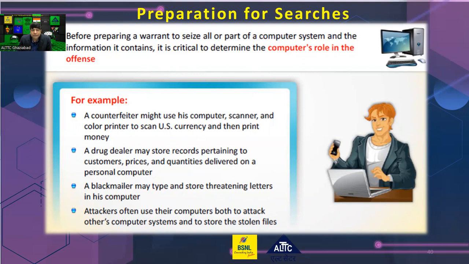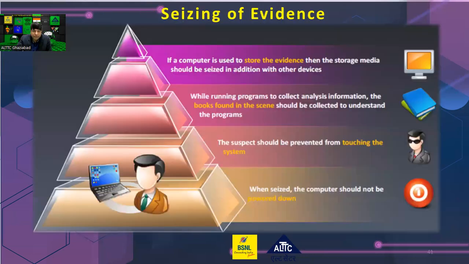A drug dealer may store records pertaining to customer prices and quantity delivered on a personal computer. A blackmailer may type and store threatening letters on his computer. Attackers often use their computer both to attack other computer systems and to store stolen files. This is the preparing of the search.